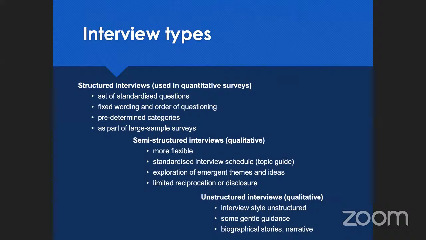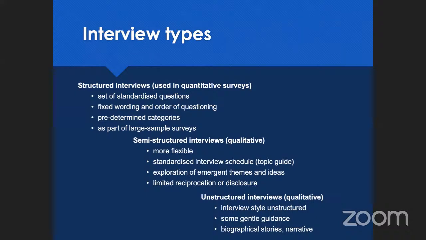If an interview was chosen as the method for collecting the data, there are also different types that are to be constructed. The first is the structured interview, which is used in quantitative surveys. These are a set of standardized questions, fixed wording, or any other order of questioning with predetermined categories, which are part of a large sampling survey.